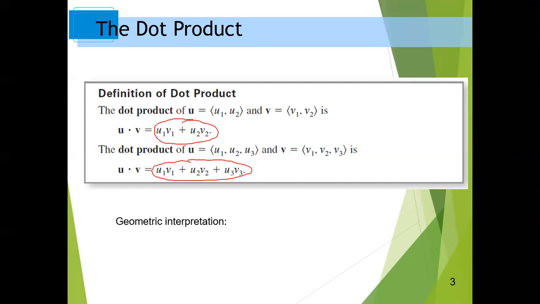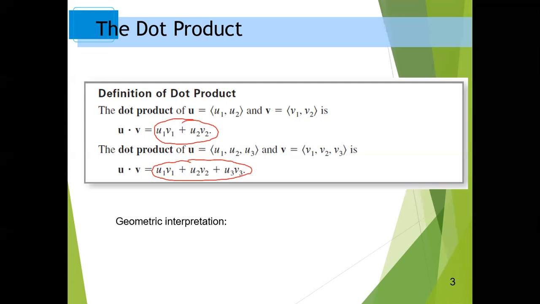I would get something positive, right? And what that tells you is that, in terms of the x coordinates only, the x movements are helping each other. They're both going in the same direction. Does that make sense?